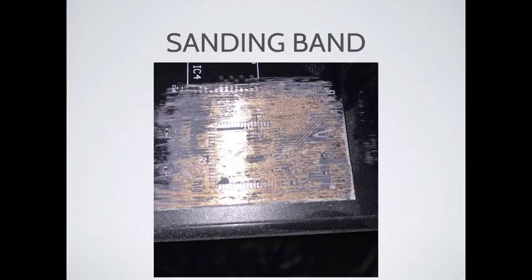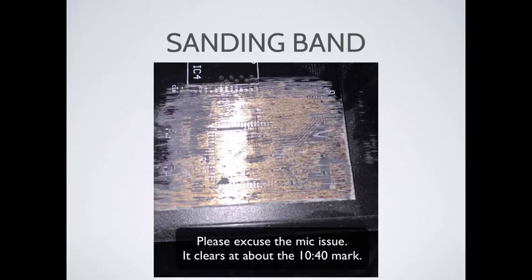If you look down here, you'll see it in a lot of pictures. And the really light gray spot up there, it just started eating away, and I was like, that's not good. You can adjust the RPMs, the speed of the sanding band, but the slower you go, the more it gets caught on the board, and the faster you go, the faster it just eats down into the copper.